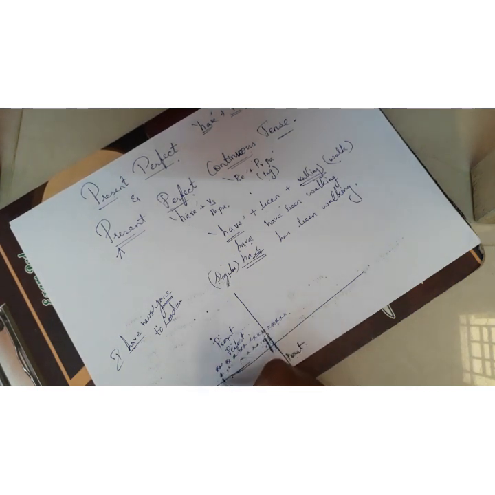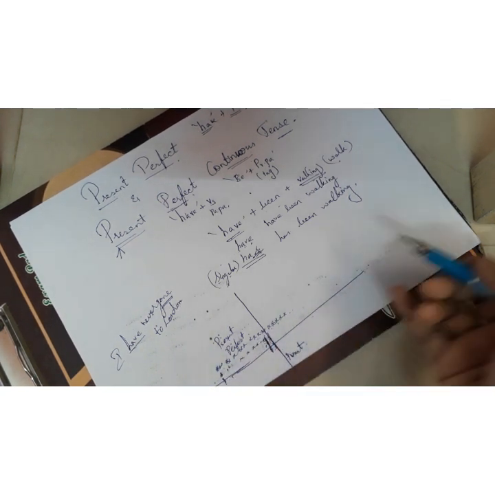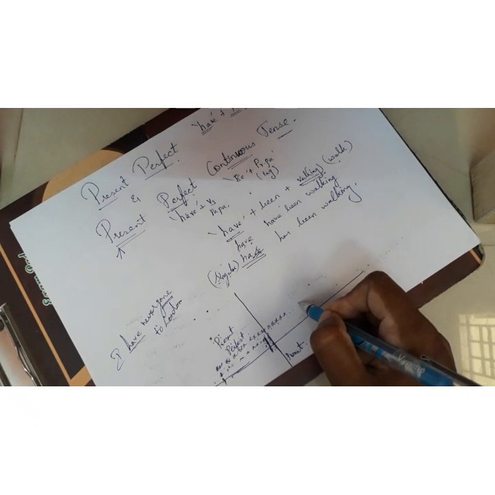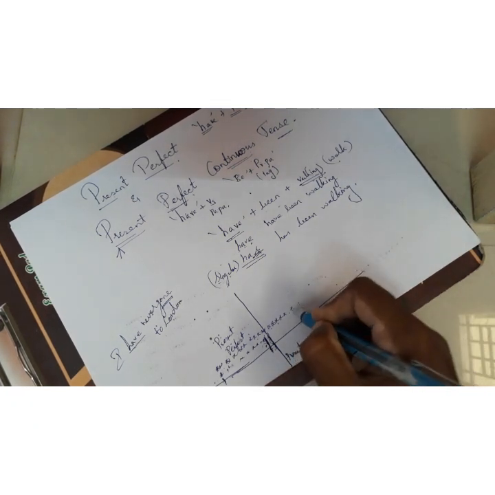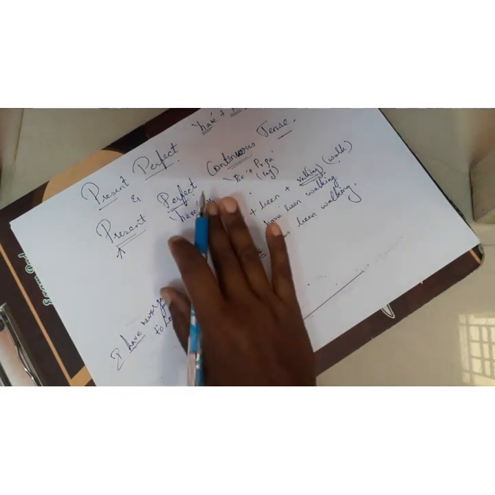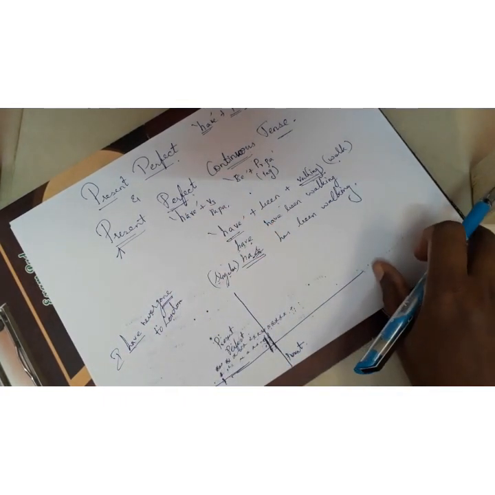The action which starts from the past is still continuing, but we don't know when it will finish or be completed. In these cases we have to use present perfect continuous tense.